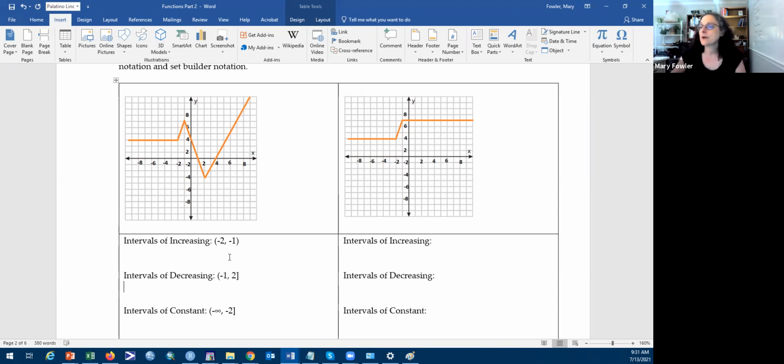Okay, and from here, this point, I'm at x equals 2. The function begins to increase and it continues to increase. So let's go ahead and put that also as an interval of increasing over here, from 2 to infinity.